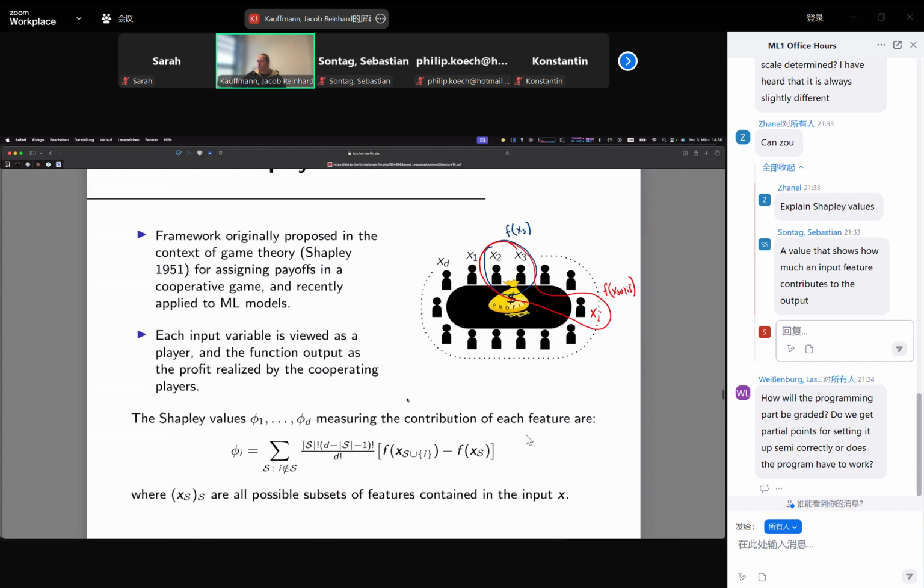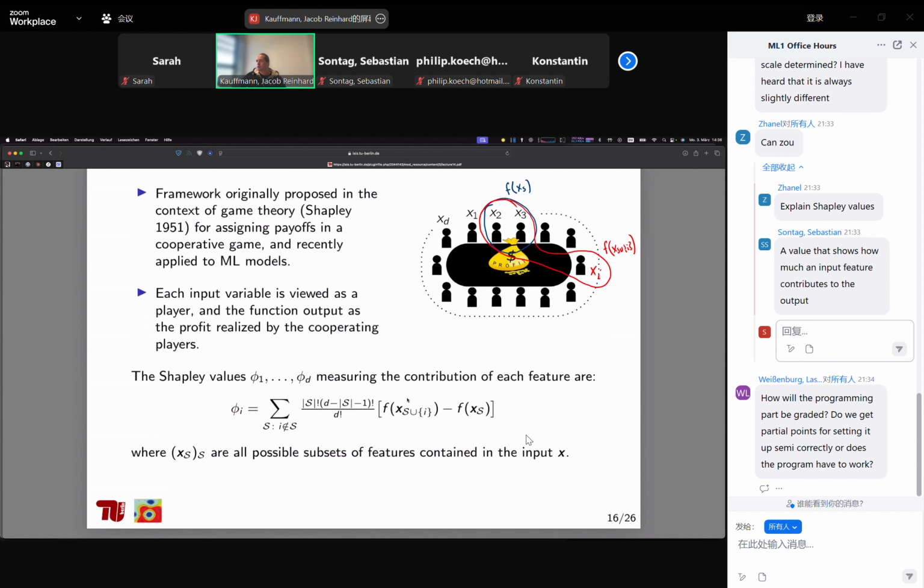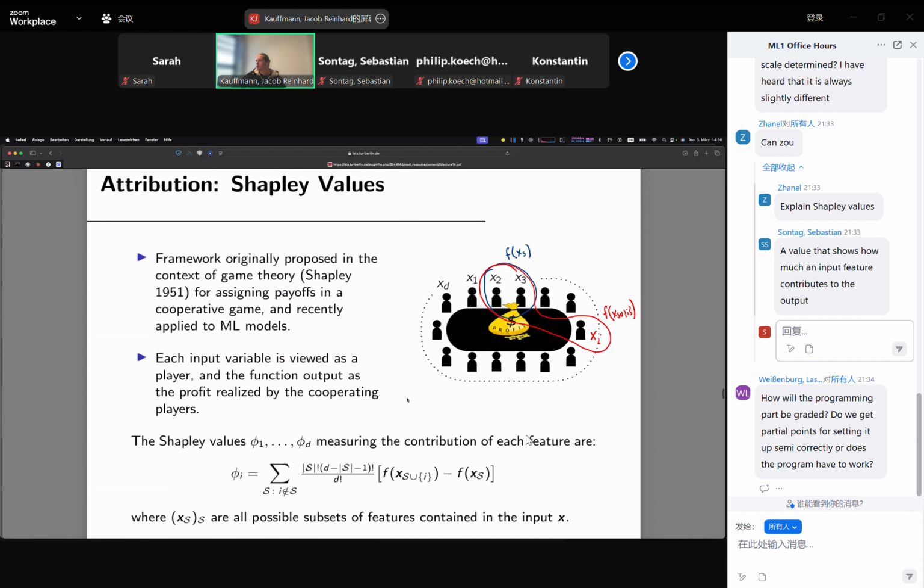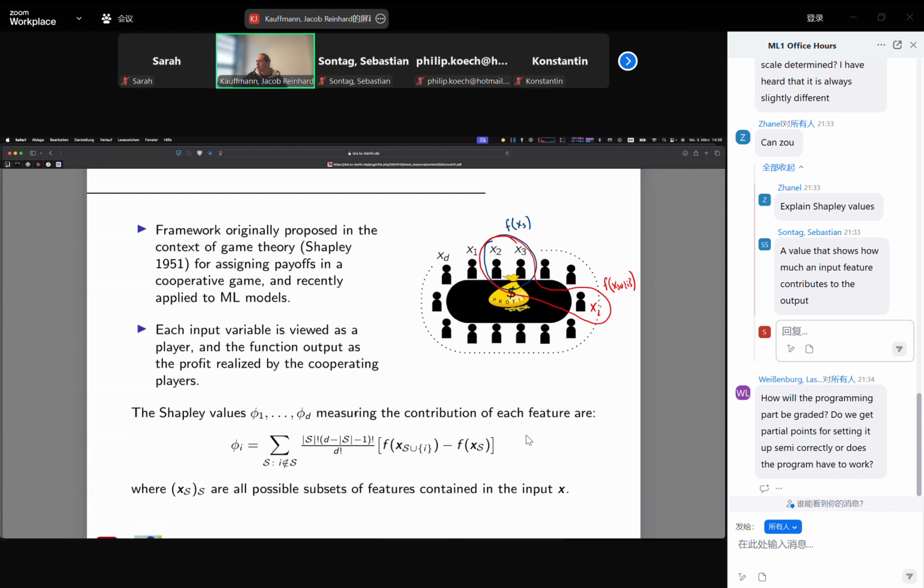There was the slide about Shapley values, right? The way it works is essentially, for every one of your input variables, you check how the output of your function changes if you include or exclude this one variable.